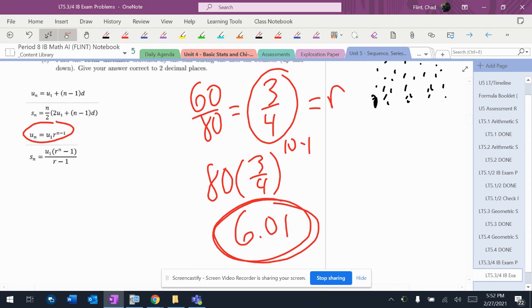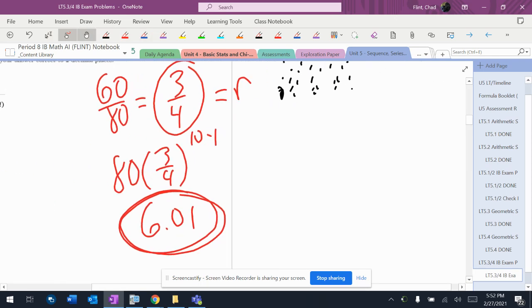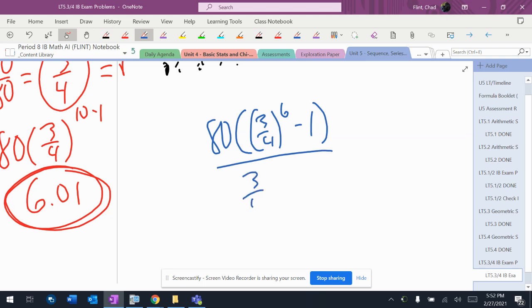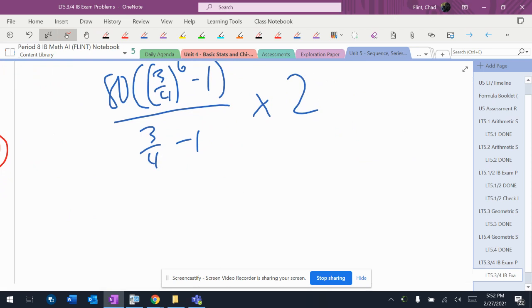Sorry, let me use a different color here. It's that formula right there. So it's 80 times 3/4 to the 6th minus 1, over 3/4 minus 1. But we're going to have to multiply that by 2 to get our number.